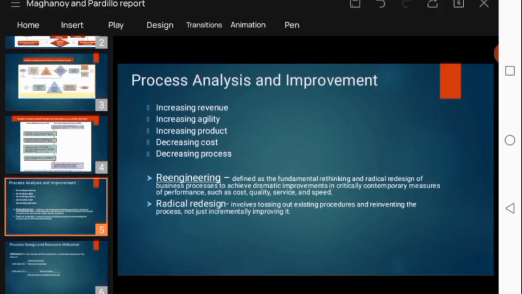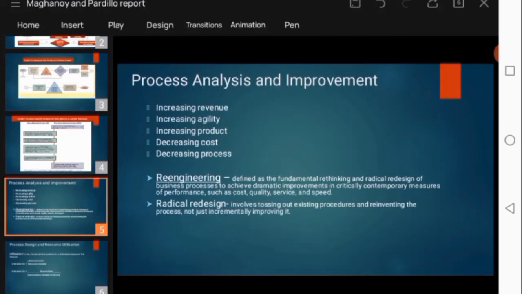Increasing product quality, which is service quality by reducing defects, mistakes, failures, or service upsets, which means you need to improve your quality or product by reducing defects, mistakes, failures, or service upsets. By developing new products and services, you can sell more to existing customers.